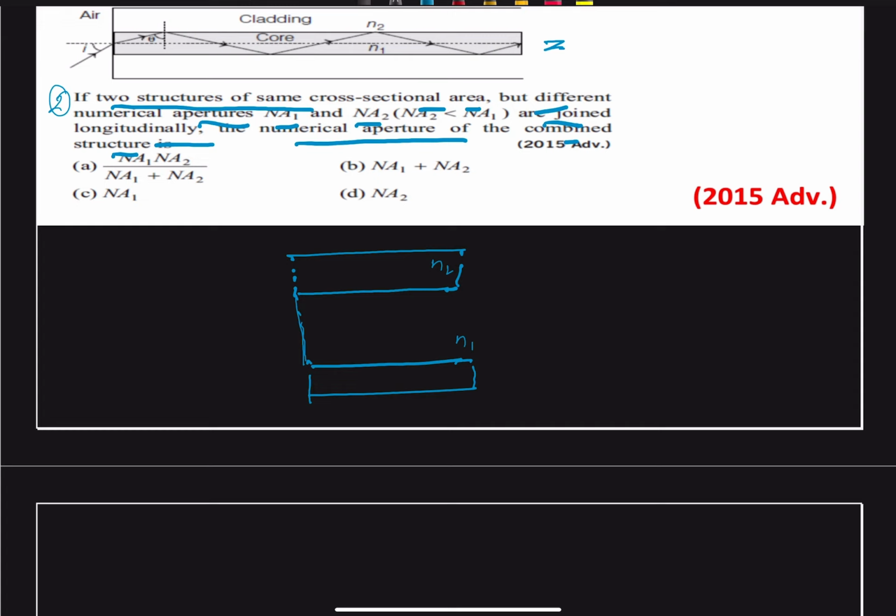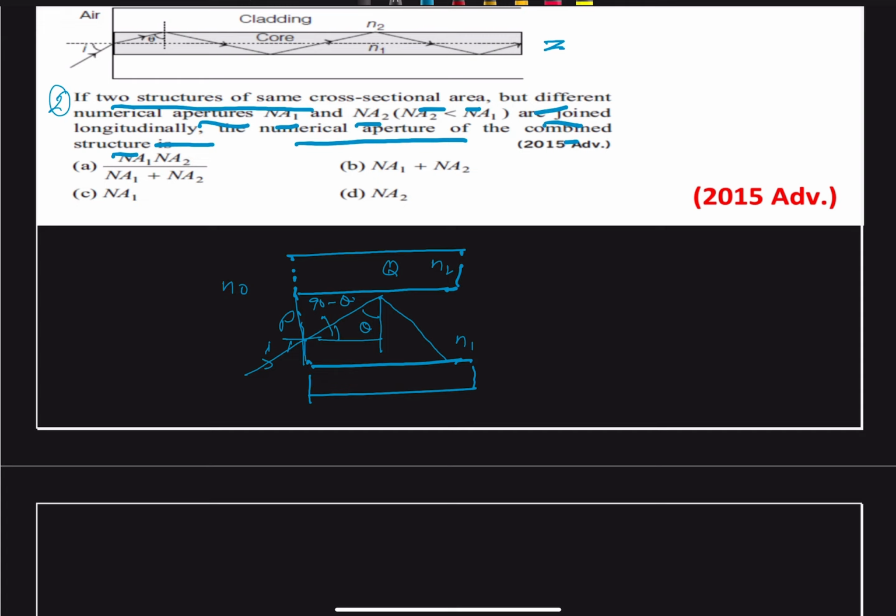The incident ray, let us suppose it is incident at point P, making an angle of incidence as i, and it strikes the upper surface at point Q, and obviously it will be totally internally reflected. In the vertical, let us suppose this angle as theta. Therefore we can write that this particular angle will be 90 minus theta, and the surrounding medium, let us suppose, has refractive index n0.